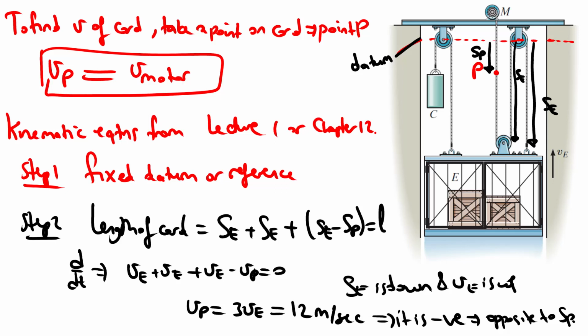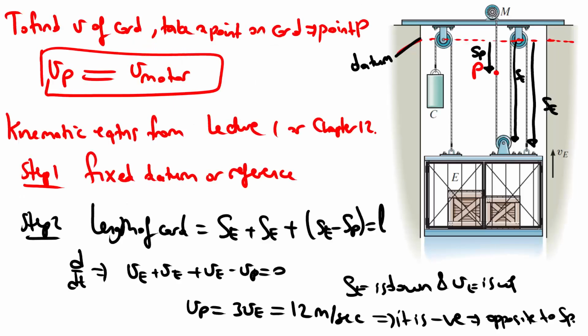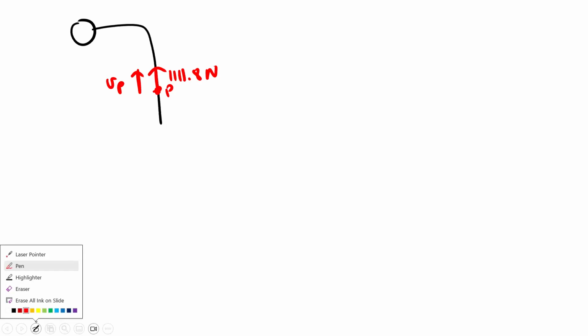So we have the VP, and that P, as I told you, is the motor speed. Let me just show you. This is our motor, this is the cord, and there is a force by the motor which is 11.8 newtons, and there is the speed of point P here.